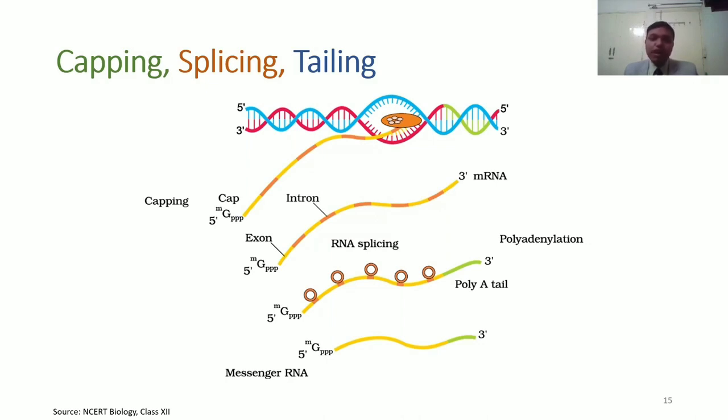Polyadenylation means adenine residues are going to be added at the 3' end. So that's how a mature mRNA is going to be produced inside the nucleus of eukaryotic cells, and then this mature mRNA is going to come out into the cytoplasm, and it will act as a template to produce proteins through the machinery of translation.